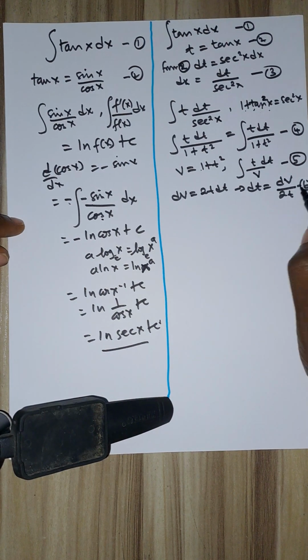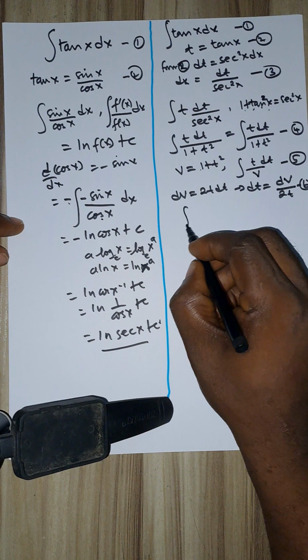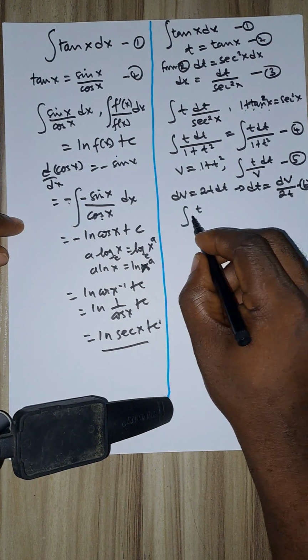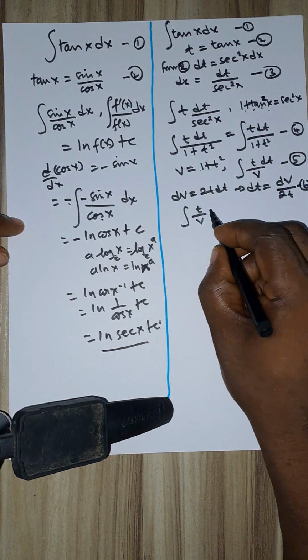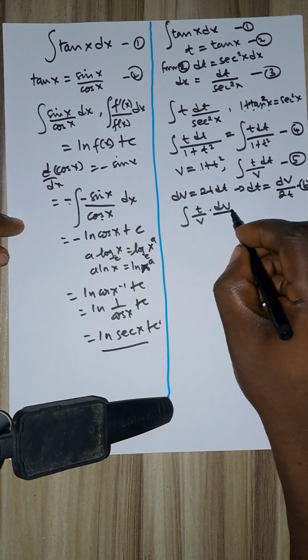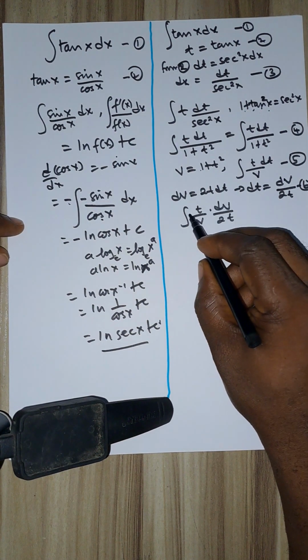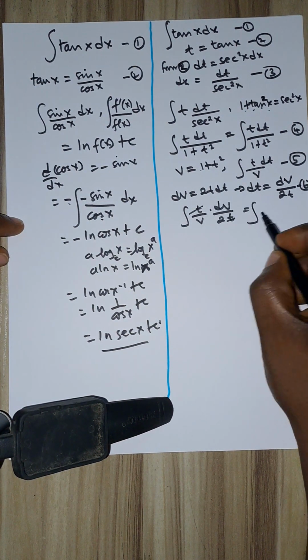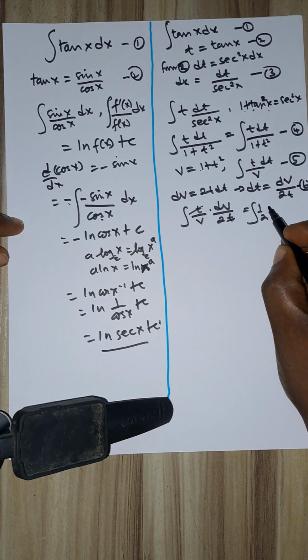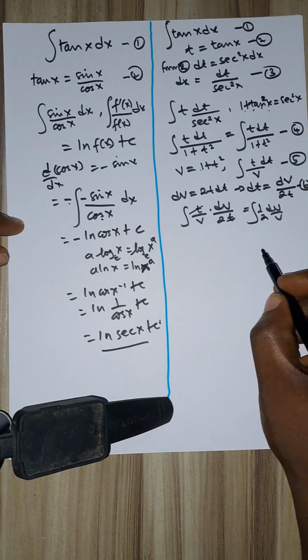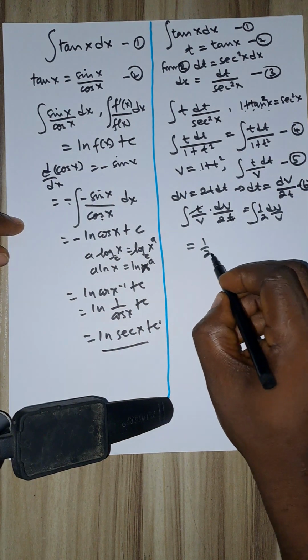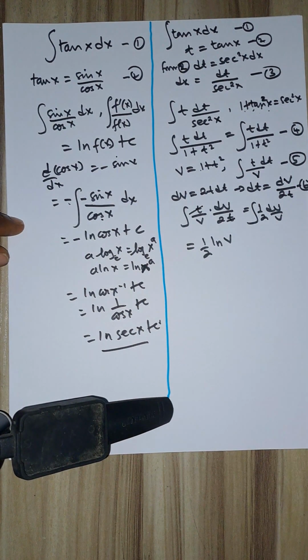Call it 6. If we use equations 6 and 5, we'll have the integral of t over v, dv all over 2t. So you see, t cancels t. We have the integral of half dv over v. That will be half of the natural logarithm of v.